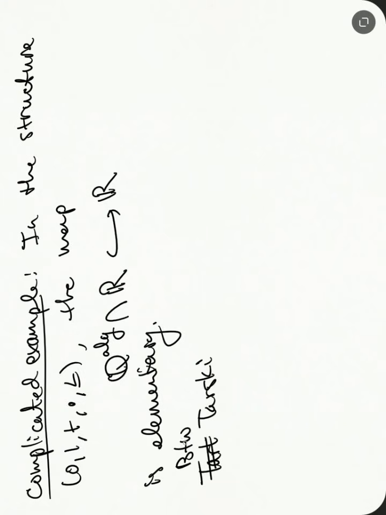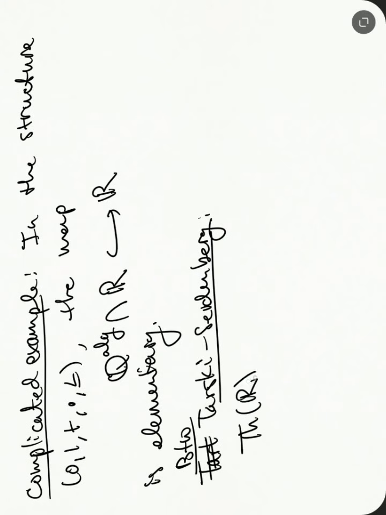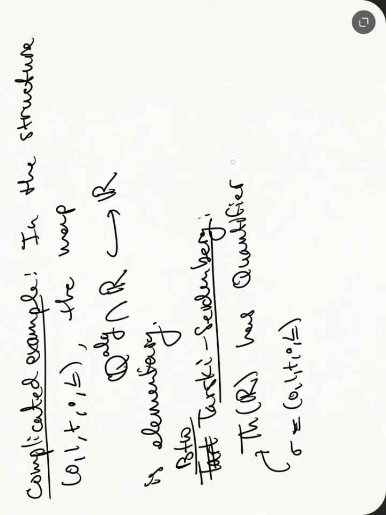By the way, this says that if you take the theory of the reals, so the theory of something is the set of all formulas which are true in this structure, with the signature sigma equal to 0, 1, plus, times, less than as above, it has quantifier elimination.